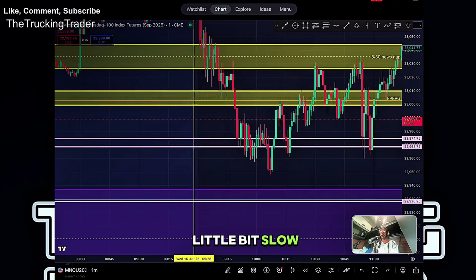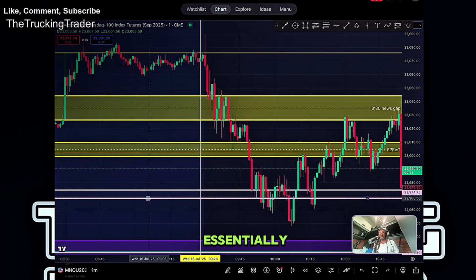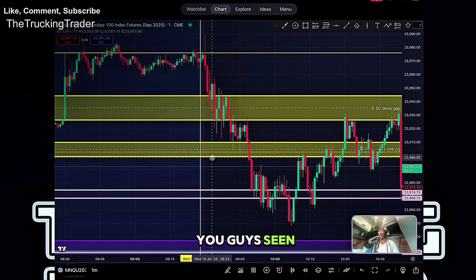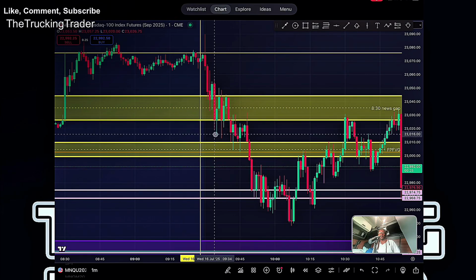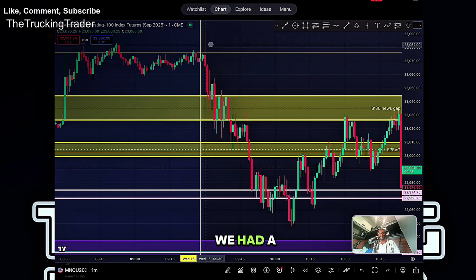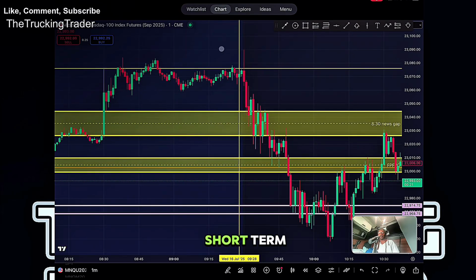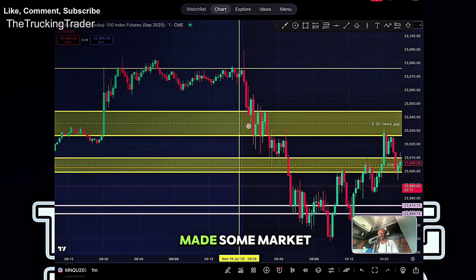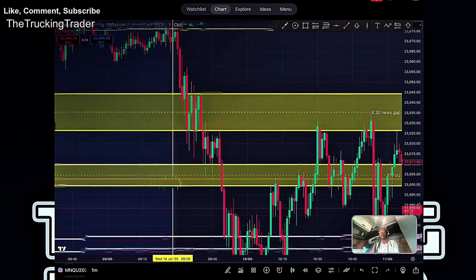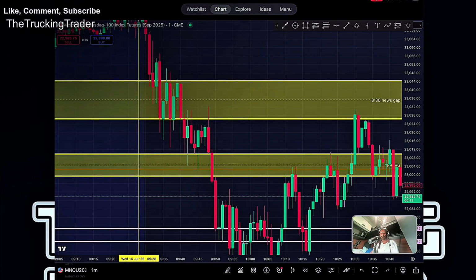Price was a little bit slow starting out, and that was essentially the trade that you guys see me post in the community, on my community feed. So we got the breakdown. We had a sweep of liquidity on the short term, and then we started to break down, made some market structure in there, made some order blocks in there.